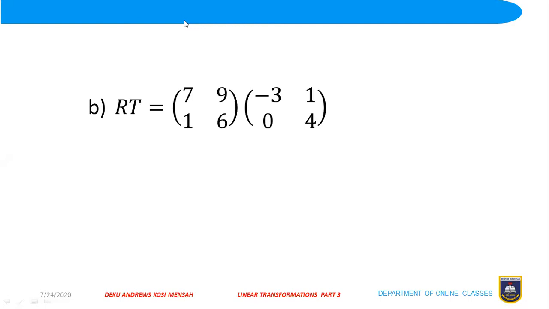I have my answer to be, say, I had RT to be negative 21, 43, negative 3, and 25. Okay.